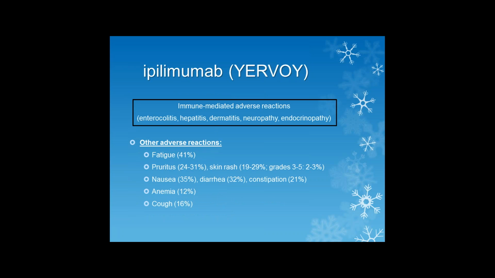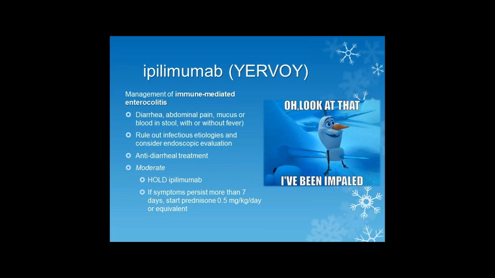So just because you stop the drug doesn't mean you're in the clear. And after I get through, I'll go through management of these a little later in the presentation. So other adverse effects are listed there, but I think the big thing that we watch out for is those immune-mediated reactions.